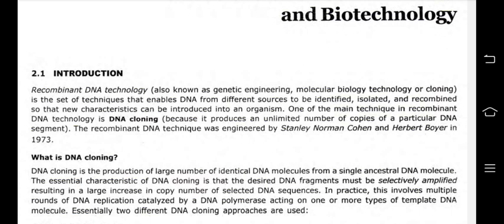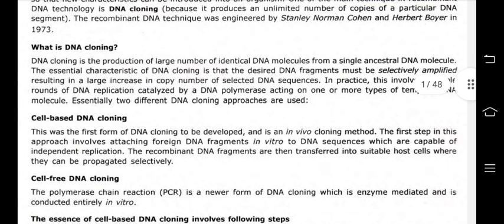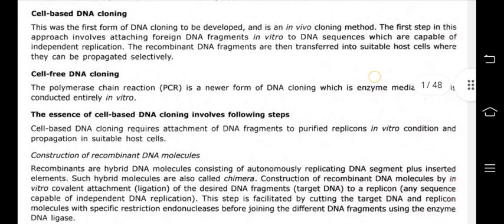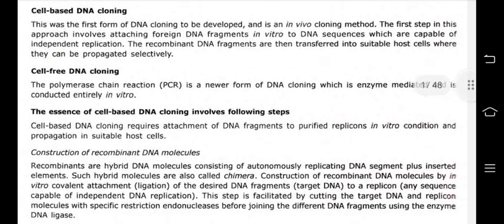In practice, this involves multiple rounds of DNA replication catalyzed by a DNA polymerase acting on one or more types of template DNA molecules. Essentially, two different DNA cloning approaches are used. Cell-based DNA cloning was the first form of DNA cloning to be developed and is an in vivo cloning method.